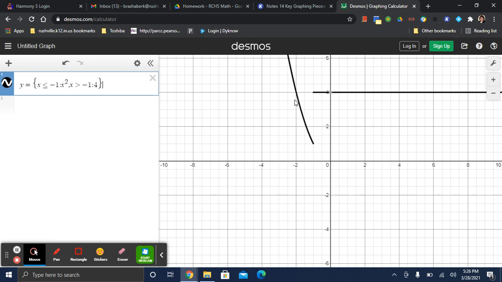So you can see that you have that parabola, and right here at the -1, you have your -1, 1 showing. And then here you have, let's see if I can get it to do the -1.